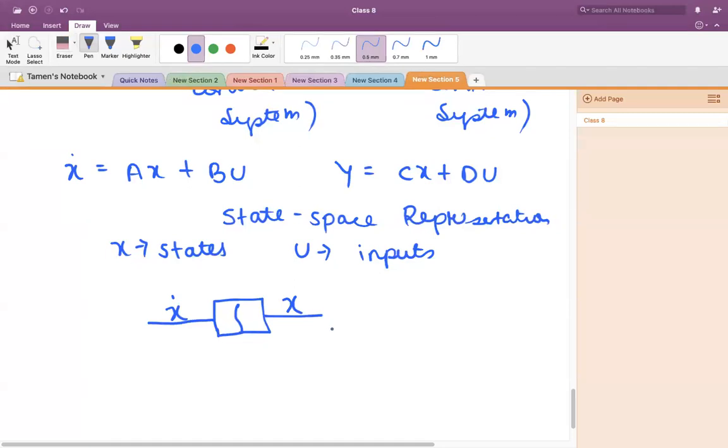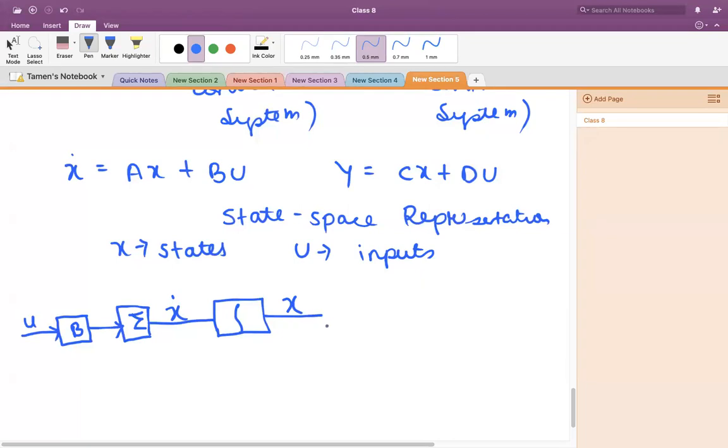Now what is X dot? X dot equal to AX plus B into U. Now I'll put a summation here. In this summation we have the B matrix, and it is fed by the input to the system. We got the BU part.